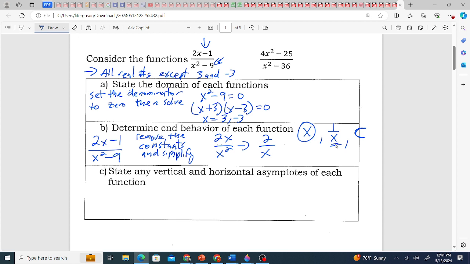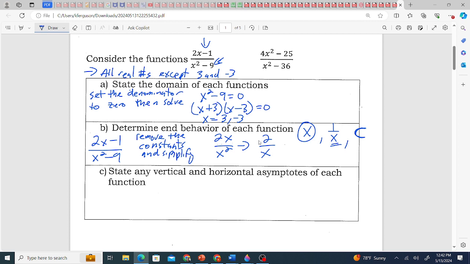If you had 1 over x, it was going to go to 0. Because remember, when you got a fraction and your number on the bottom just keeps getting bigger and bigger, it's getting smaller and smaller and smaller. So it's going to go to 0. And then a constant, like if I got 5, then your end behavior will be going towards 5.